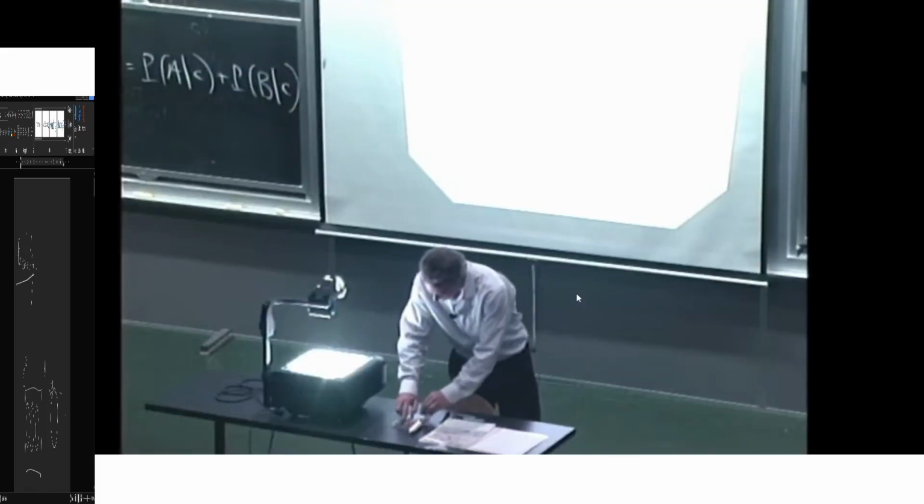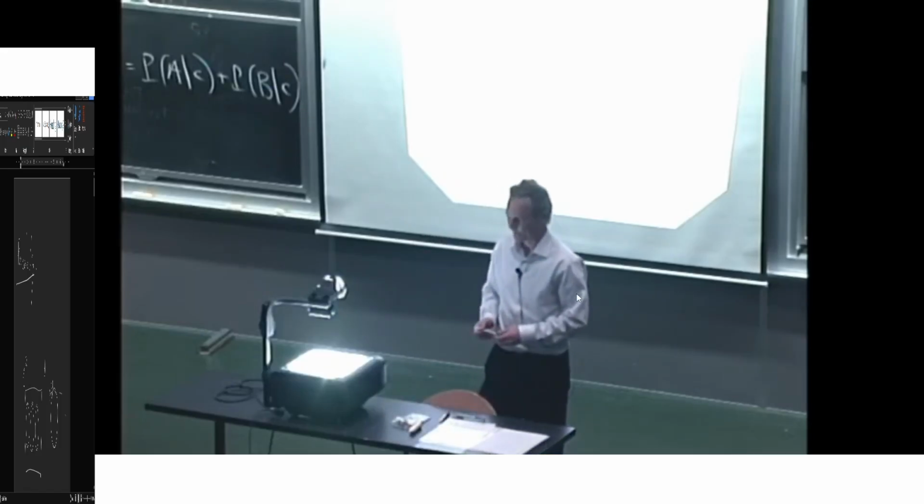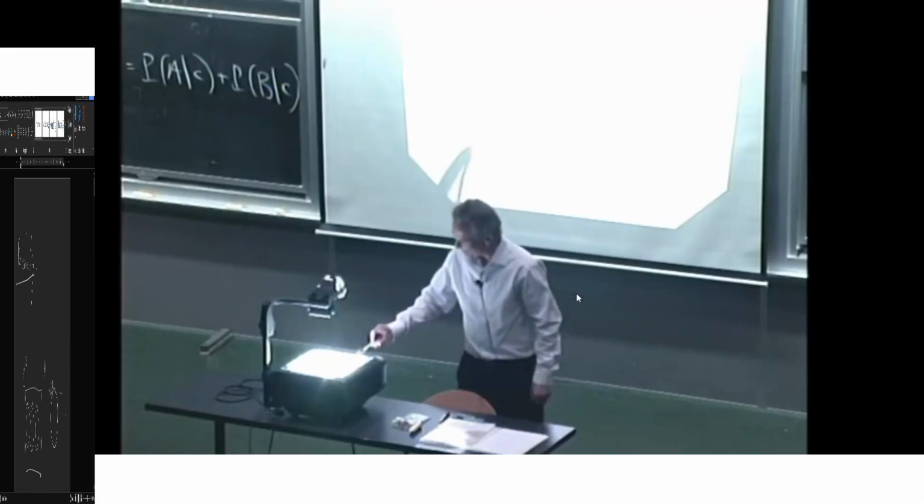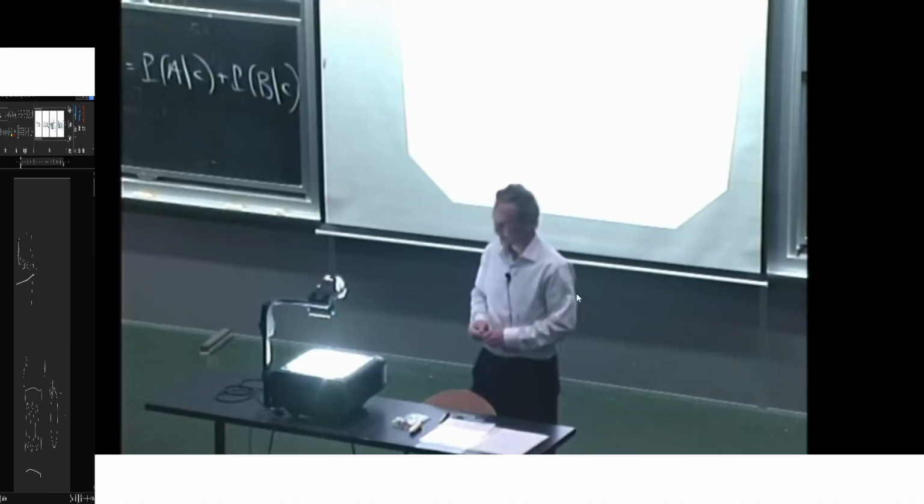Now, how about the answer to this question? What is the probability that our radar is going to register something? This is an event that can happen in multiple ways.